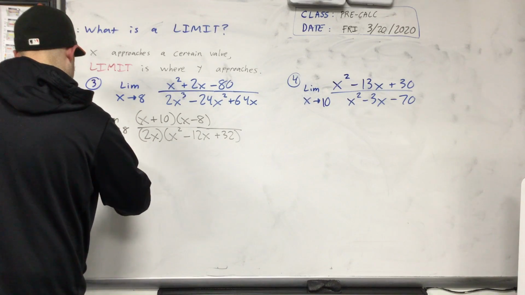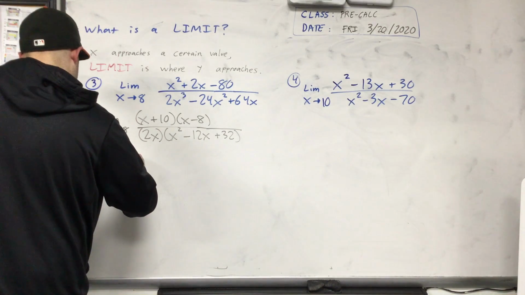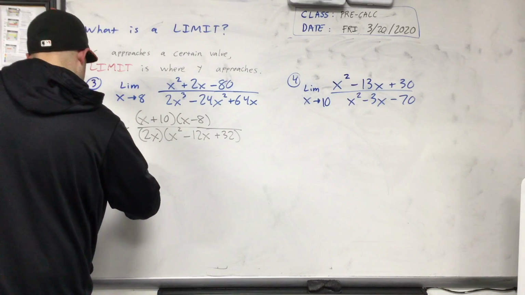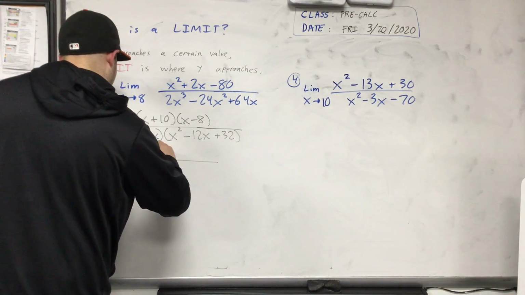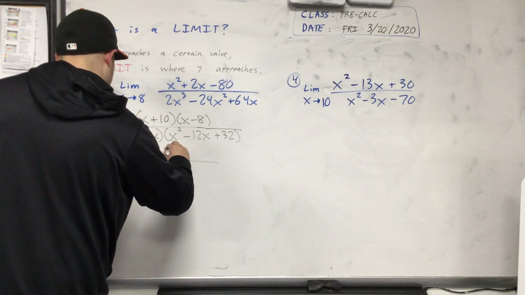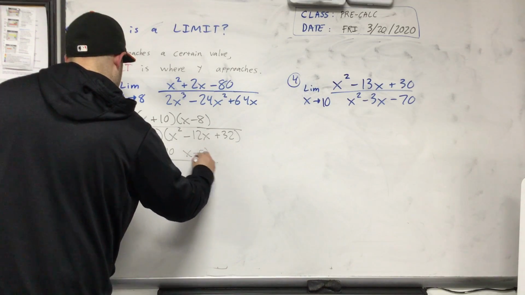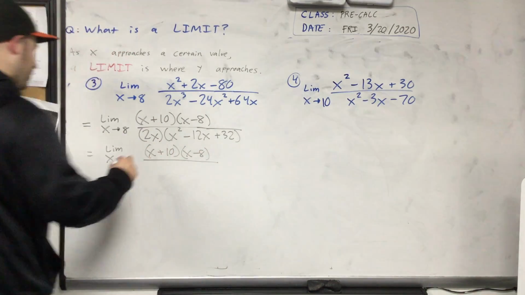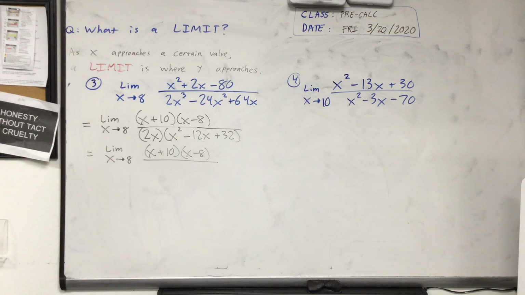The limit as x approaches 8. On the top I get x plus 10, x minus 8, going to be a huge problem for x equals 8. On the bottom, what two numbers multiply to 32 and add to negative 12?